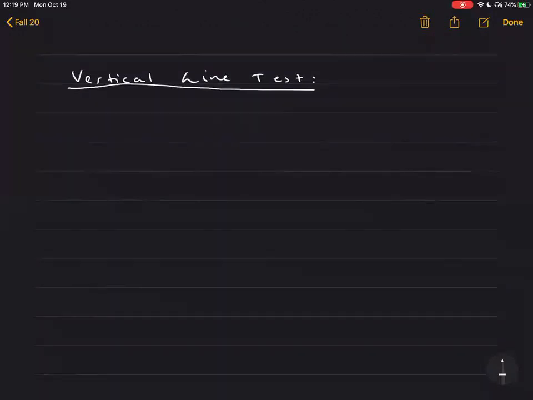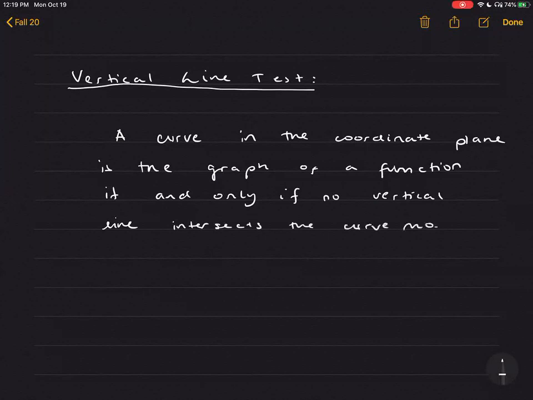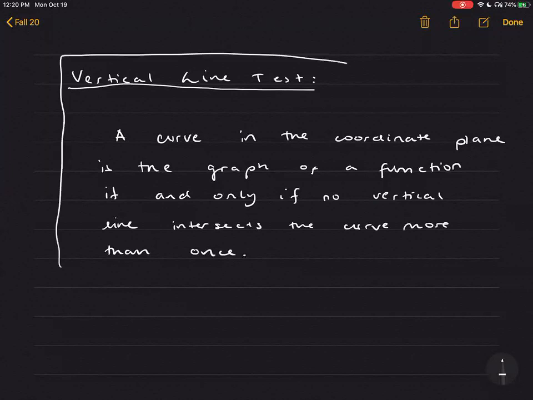So if we're writing it out in fancy language, the vertical line test says this: a curve in the coordinate plane is the graph of a function if and only if, so biconditional, if and only if no vertical line intersects the curve more than once. That is the vertical line test.